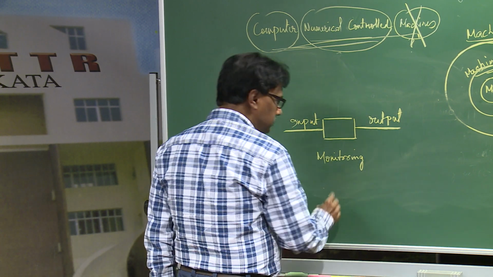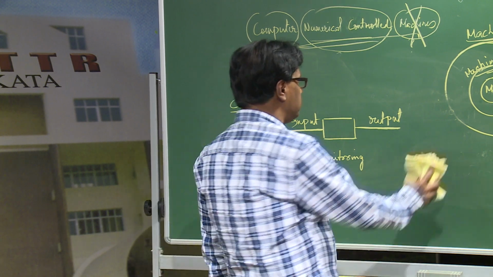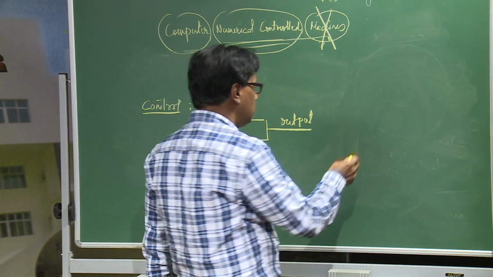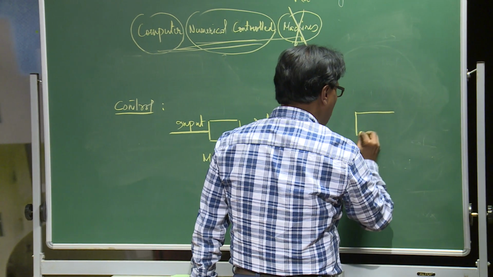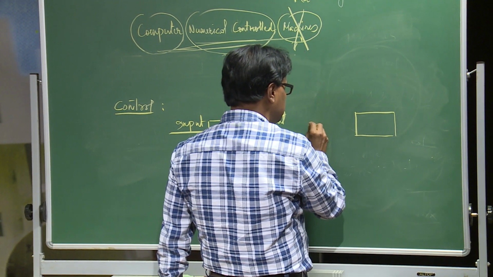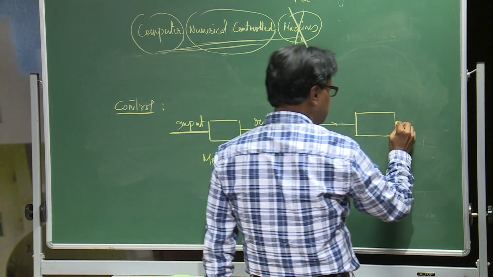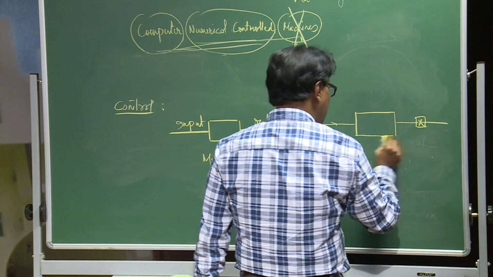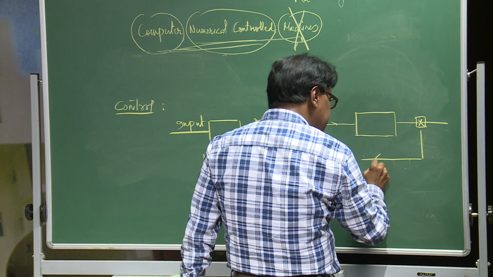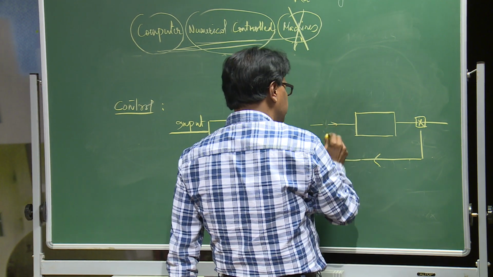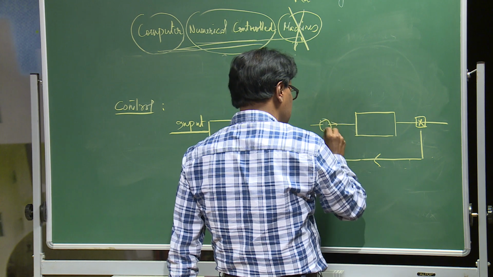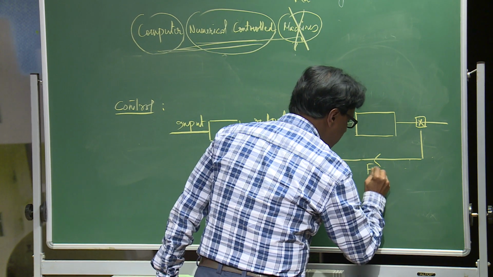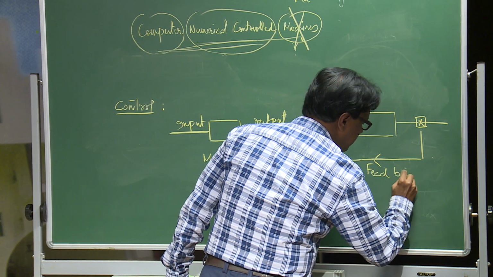And another type of control is where the output is measured, and this is called feedback.